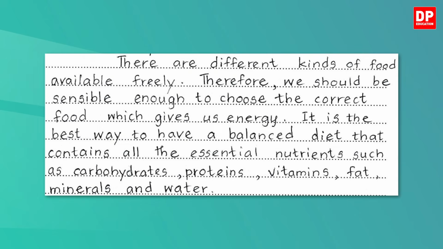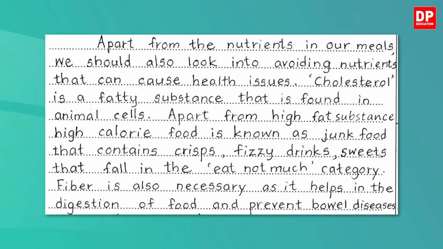Okay, children, let's read the third paragraph now. Apart from the nutrients in our meals, we should also look into avoiding nutrients that can cause health issues. Cholesterol is a fatty substance that is found in animal cells.